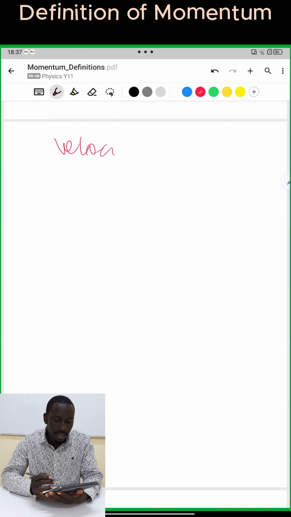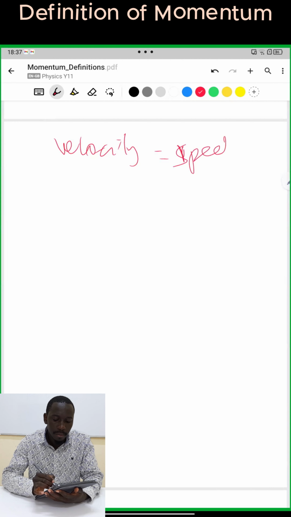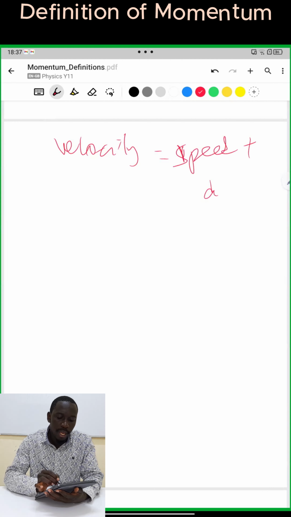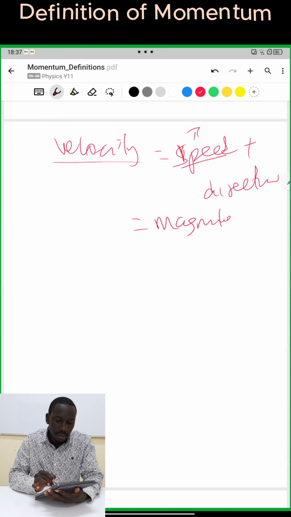velocity itself is defined in terms of speed and direction, where speed is the magnitude. Remember, velocity is a vector quantity, and a vector quantity is a quantity that has a magnitude and direction.